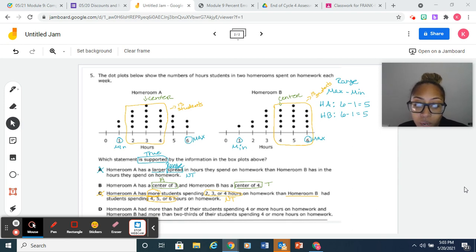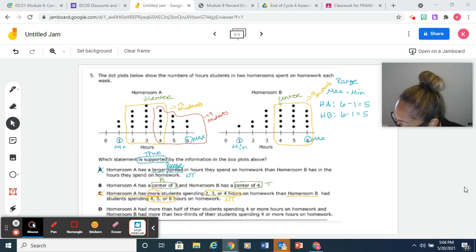So, homeroom A, we're expecting that more than half of their students spent 4 or more hours. So, 4 or more hours would be including 4, 5, and 6. And that's a total of 1, 2, 3, 4, 5, 6, 7, 8, 9 students that are in that range. So, that's 9 students.